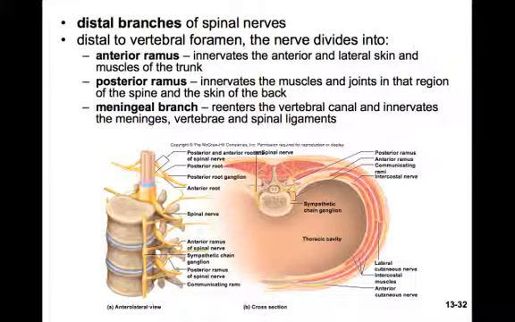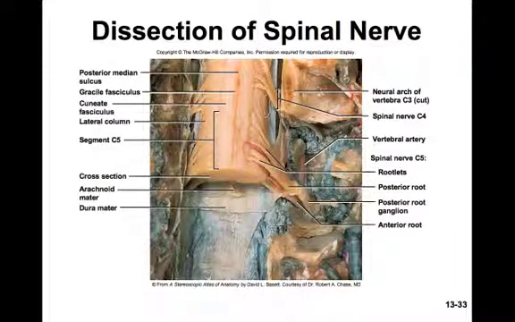Then we'll see a meningeal branch. This re-enters the vertebral canal and innervates the meninges, or the coverings of the spinal cord, as well as the vertebrae and spinal ligaments. This dissection shows clearly the little rootlets that split off from the dorsal horn as the spinal nerve enters the spinal cord.